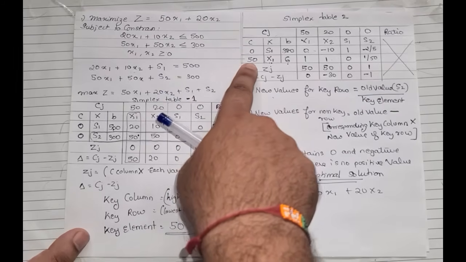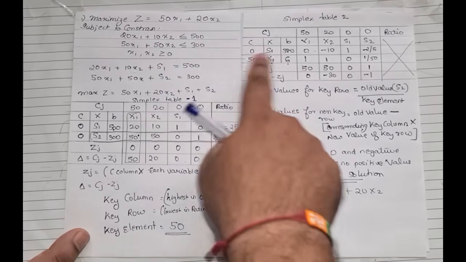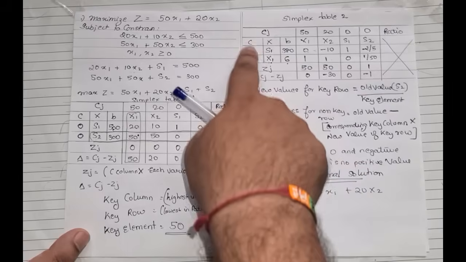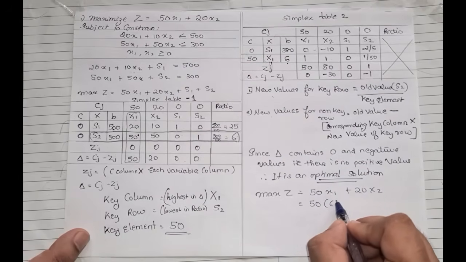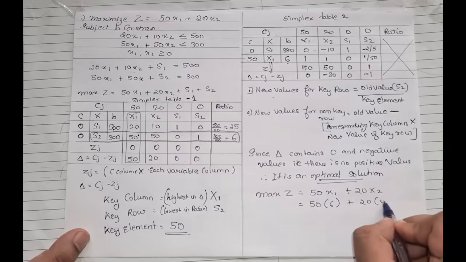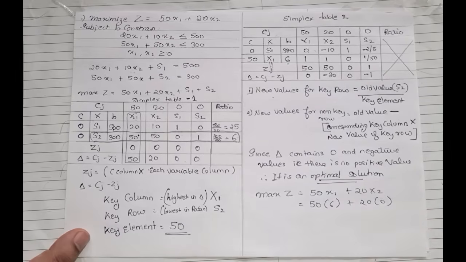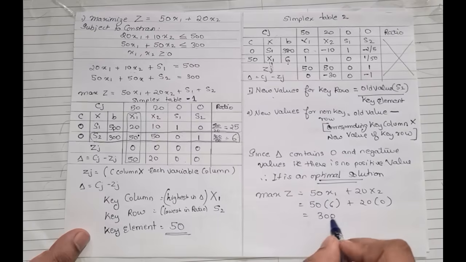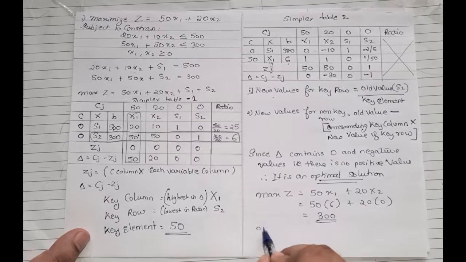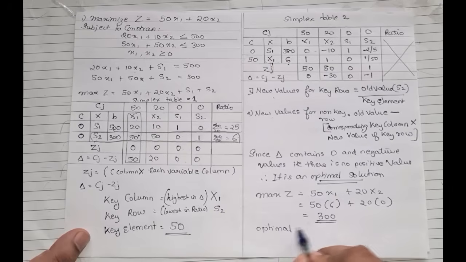For x2, no x2 has been selected here. So it will be 50 into 6 plus 20 into 0. 50 into 6 is 300. So my max value is 300, and my optimal solution is 300.